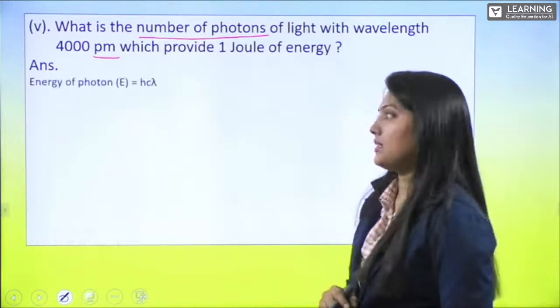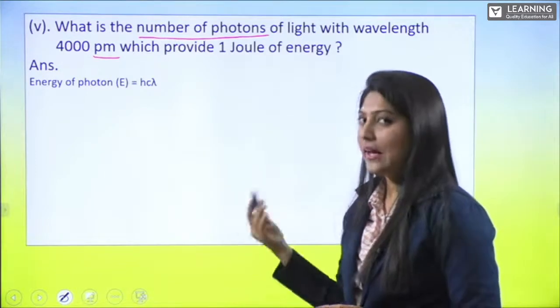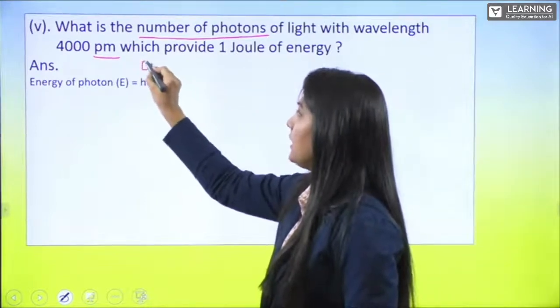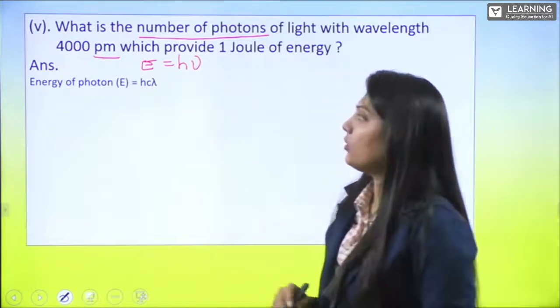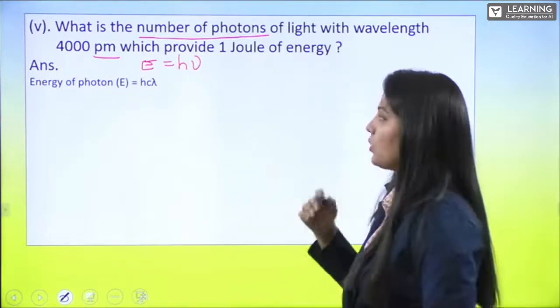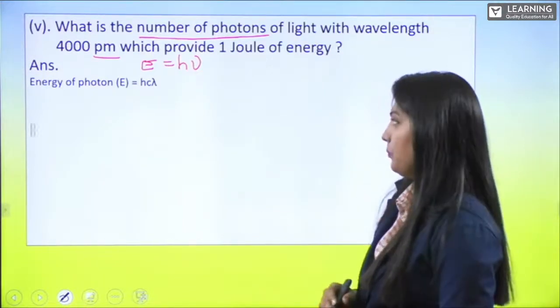So how to find this out? Energy of a photon is E equals h mu, right? And mu, we know, is equal to c by lambda. So you can use that here: E equals h c by lambda.